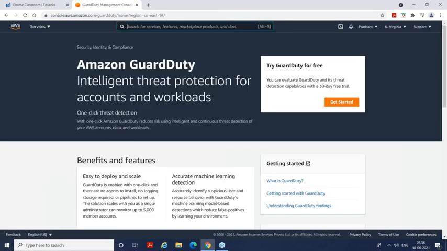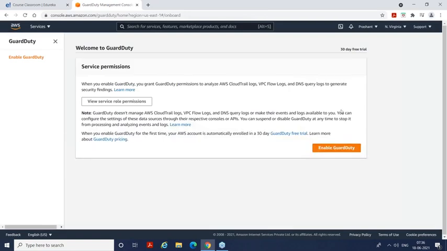Like for the first time, if you see on your account, it would say try GuardDuty for free. You can evaluate GuardDuty and its threat detection capabilities with a 30 day free trial. So all you have to do is say get started, and once you enable GuardDuty, this free tier is applicable for 30 days. So after 30 days it will start charging you.